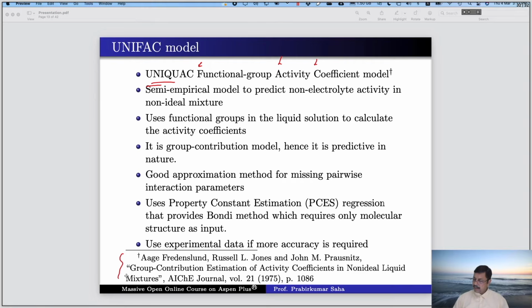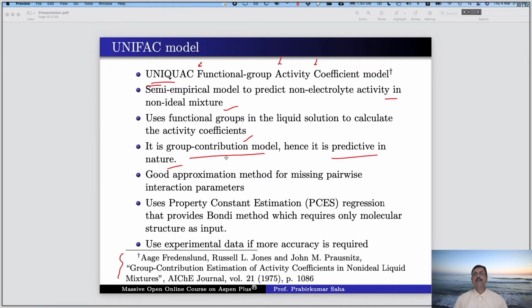It is a semi-empirical model to predict the non-electrolyte activity in non-ideal mixtures. It uses the functional groups in the solution to calculate the activity coefficient, and it is a group contribution model, hence it is predictive in nature. In many combinations, the direct interaction data is not available.